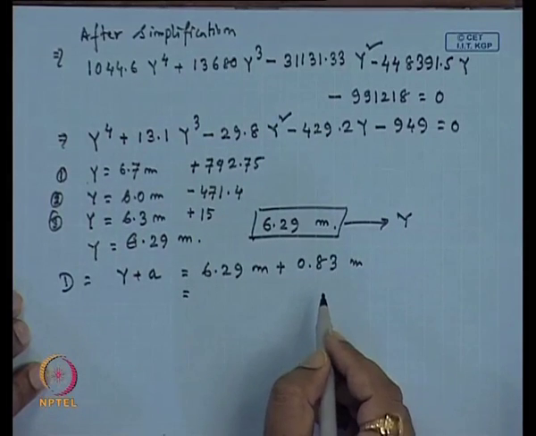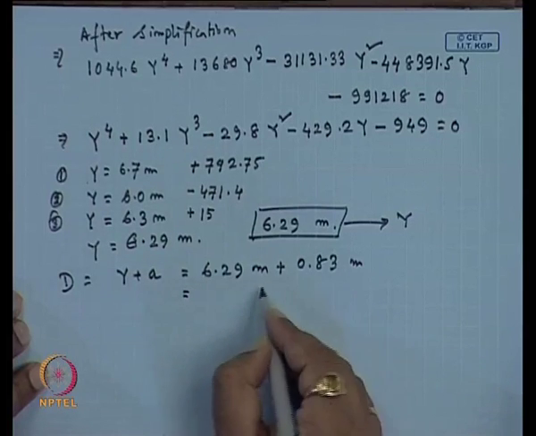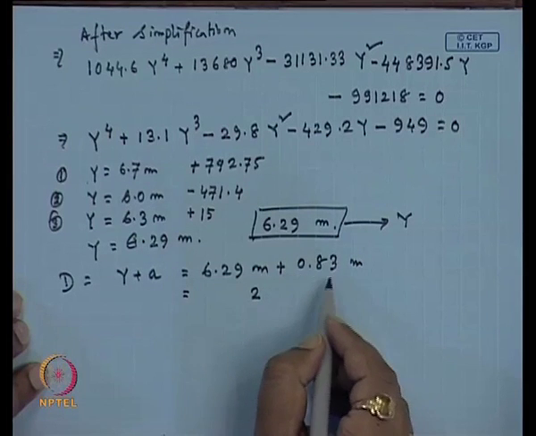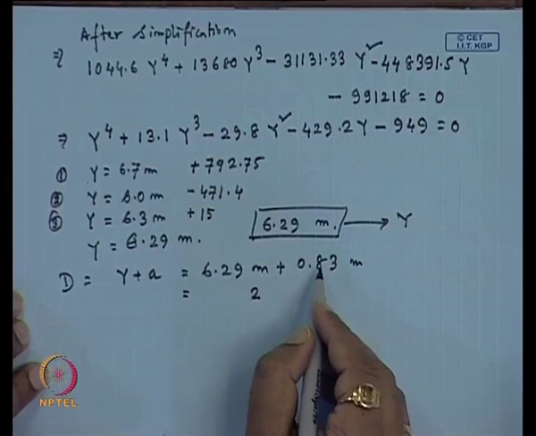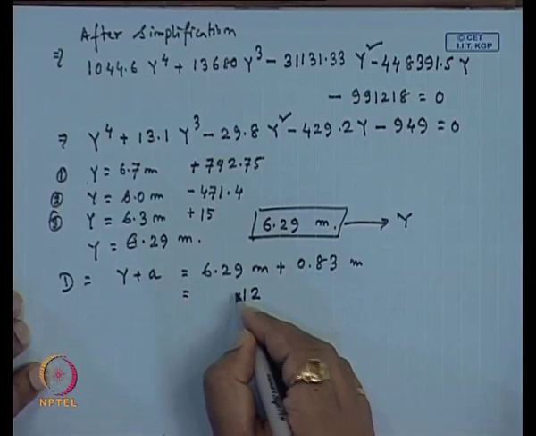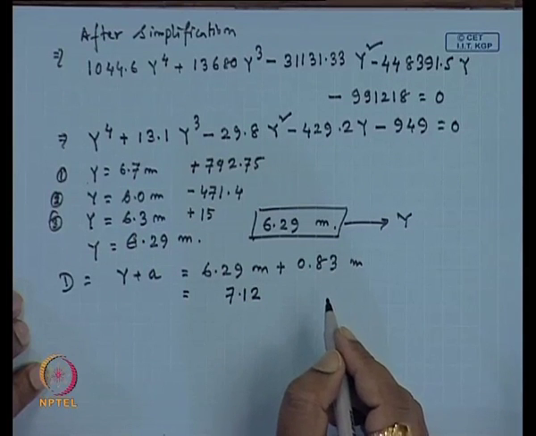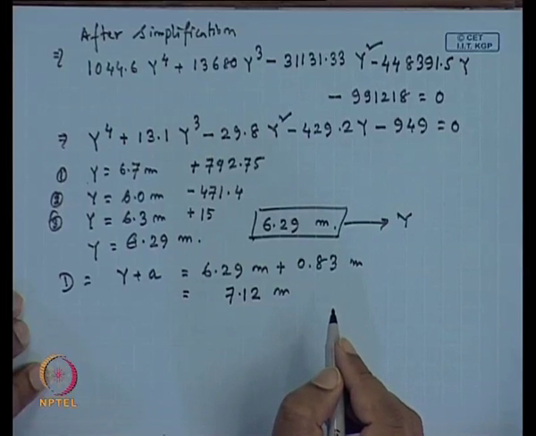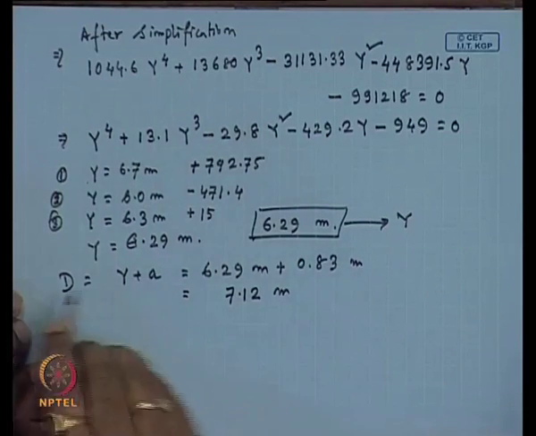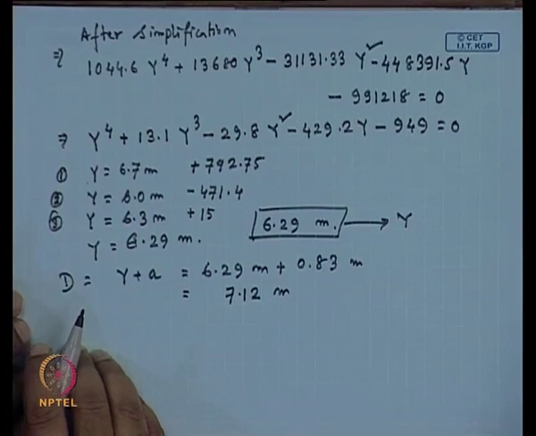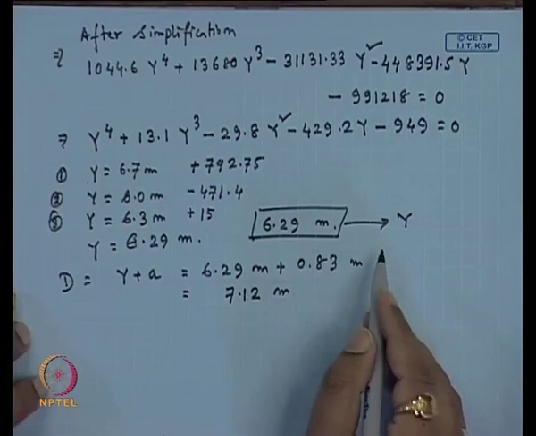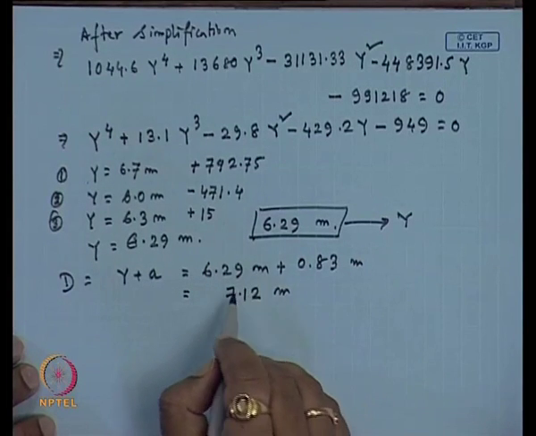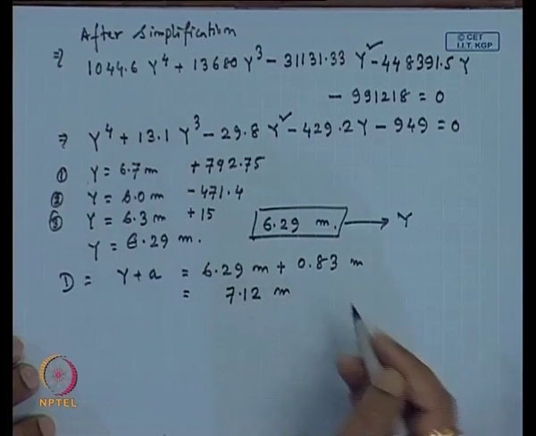So, finally, the value that we are getting is 7.12 meter. So, this is the d that we are getting after solving. So, this will be the required d of that sheet pile which we have considered.